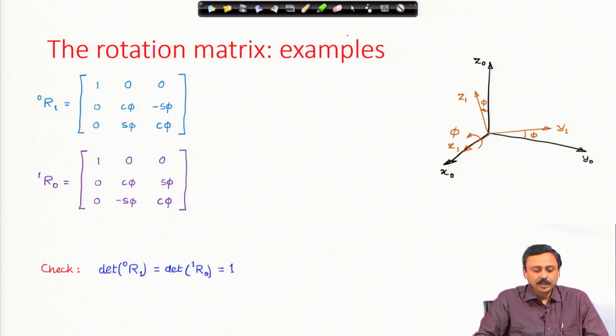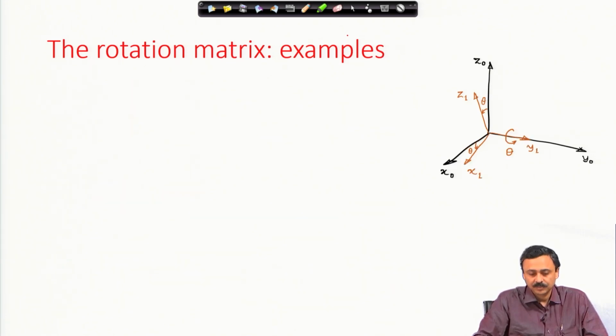And you can check that the determinant of these matrices is 1, and the transpose is its inverse. So, this I will leave to you.